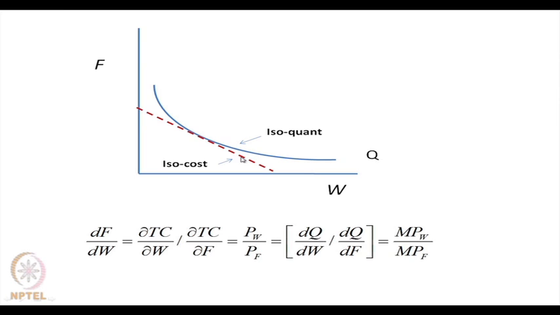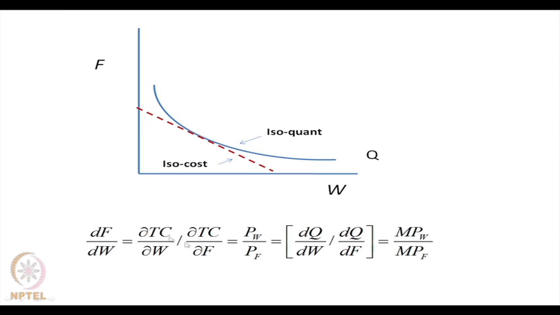That is, on any point fertilizer cost and water cost would be the same here. Now, recall that we have taken df/dw, the marginal rate of technical substitution, as equal to del TC by del w divided by del TC by del f.